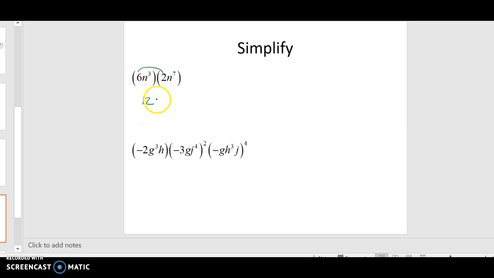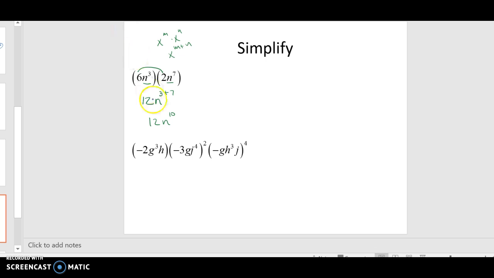Now, when I do n to the third times n to the seventh, when I multiply these, what am I now going to do with the exponents? This is where I add them. When I multiply same bases, going back to the very first property, what do I do with the exponents? I add them, and my final answer is 12n to the 10th.